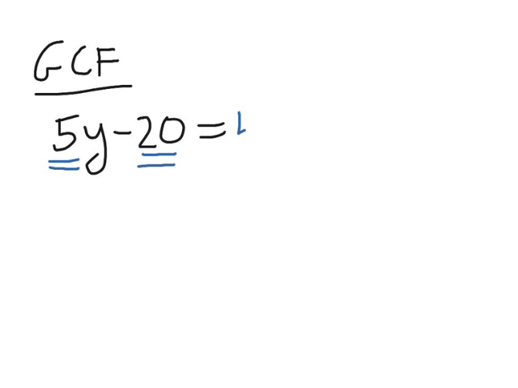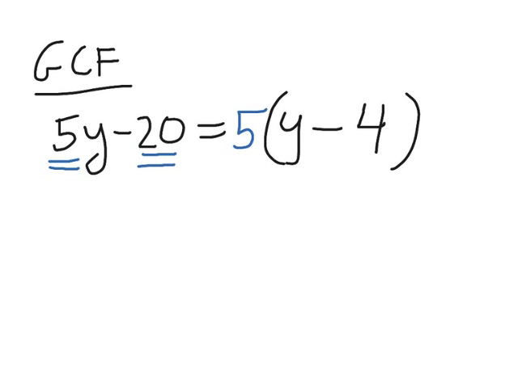So I would factor out the 5 and then I would put my parenthesis and I need to figure out what's left over. So 5 times y will give me the 5y and the minus 4. 5 times minus 4 will give me the minus 20. Alright, so that's a pretty basic one, pretty simple one.